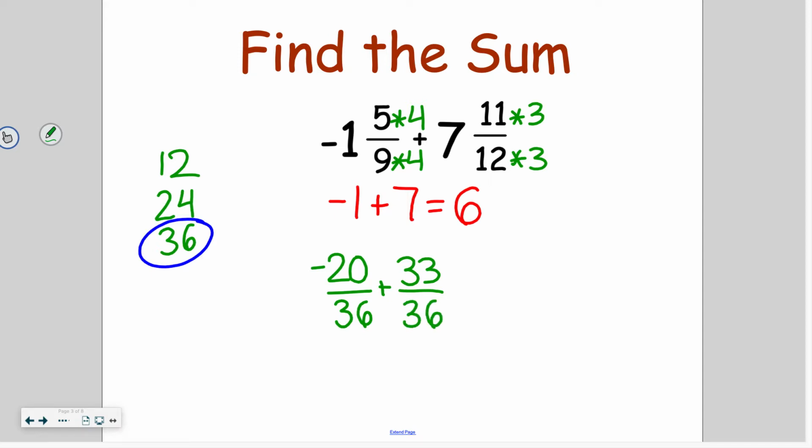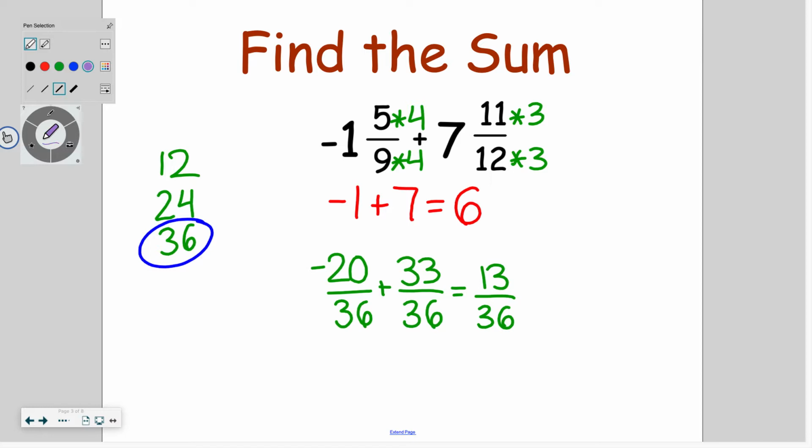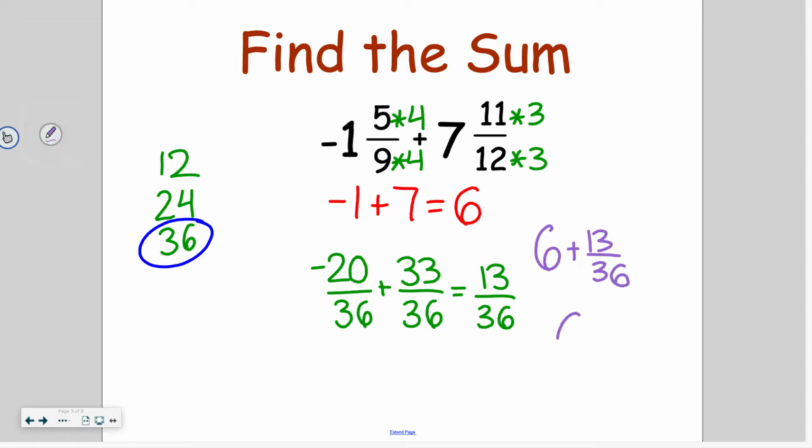Then we follow our rules for like addition and subtraction. -20 plus 33 gives us +13 out of 36, keeping that denominator the same. And then we finish by putting our mixed number back together. So we say 6 plus 13 over 36. Putting that together gives us 6 and 13/36.